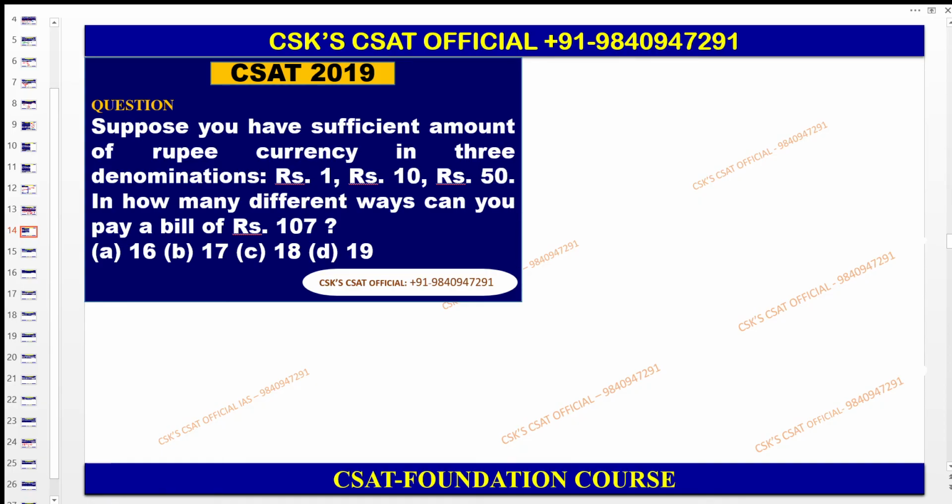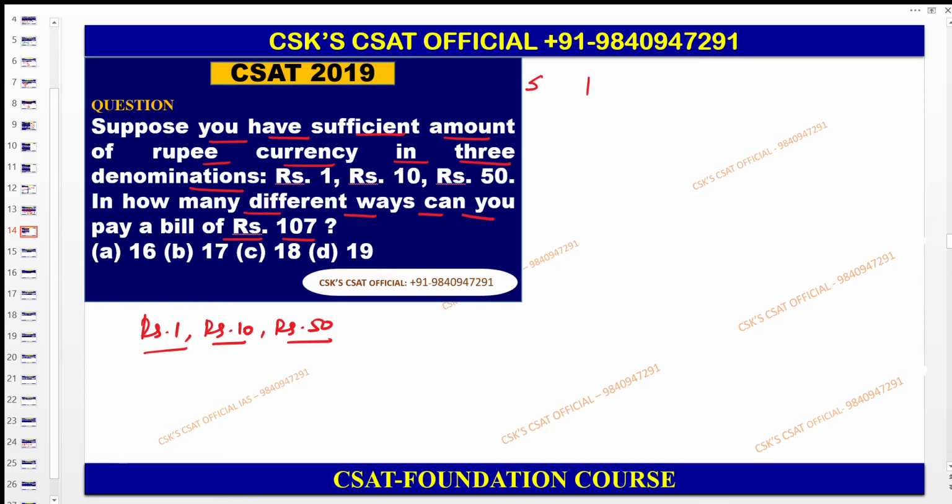Slide number 13. Suppose you have sufficient amount of rupee currency in 3 denominations: rupee 1, rupee 10, rupee 50. 3 denominations. How many different ways can you pay a bill of rupees 107? It's a lengthy question. Looks very simple, but it's lengthy. Okay, rupee 1.